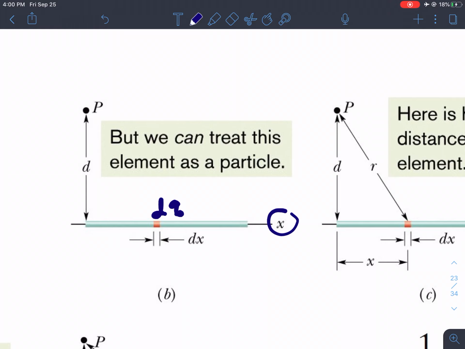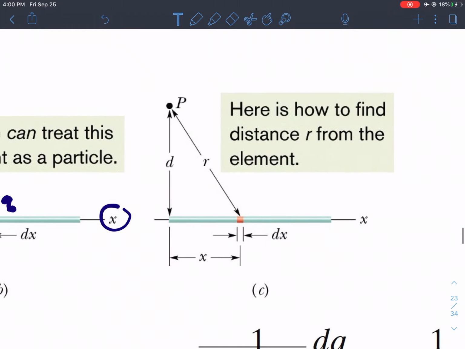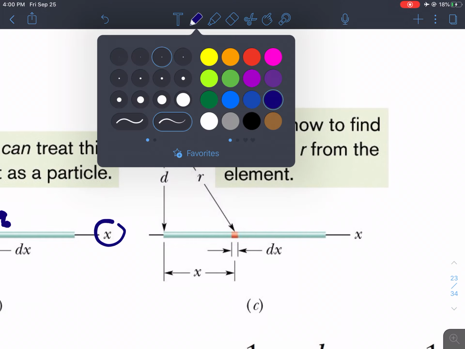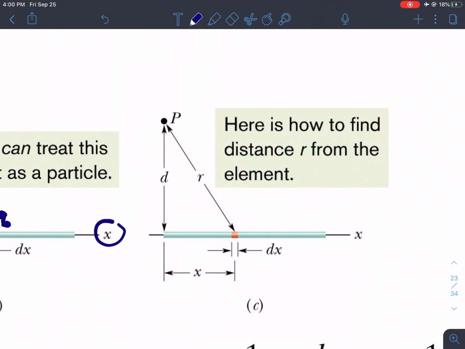The next step is defining the distance from that element to the point of measurement. This was dq here, and that charge is at a distance of r, and you're measuring the potential at point P.